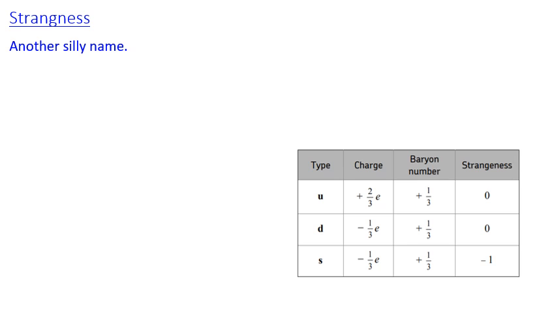On top of the silly name, the other annoying naming convention is that the strangeness of the real strange quark is -1, whereas for everything else, we've tended to make the real version plus. Okay, so you need to remember that a strange quark has strangeness -1, whereas an anti-strange quark will therefore have strangeness +1.